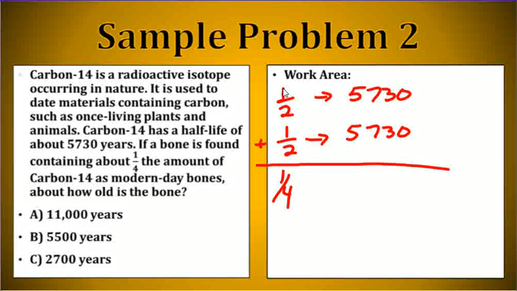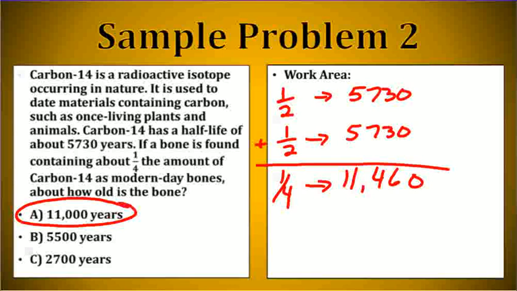So there's your about 1/4 amount of carbon-14. Add these up, you would get 11,460. So about how many years would it be? How old would the bone be? The closest one would be A, 11,000 years.